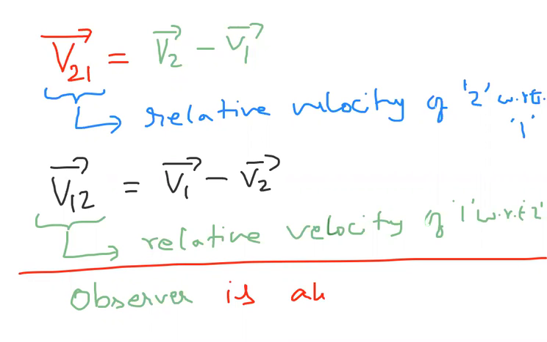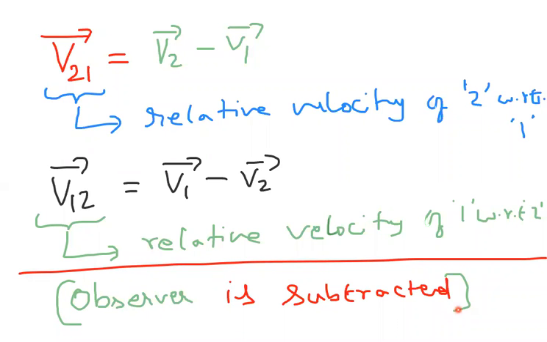So whenever you have confusion about whom to take first and whom second, simply remember: here V1 bar is observer, so minus V1 bar. Here V2 bar is observer, so minus V2 bar. That means, simple line, observer is subtracted.